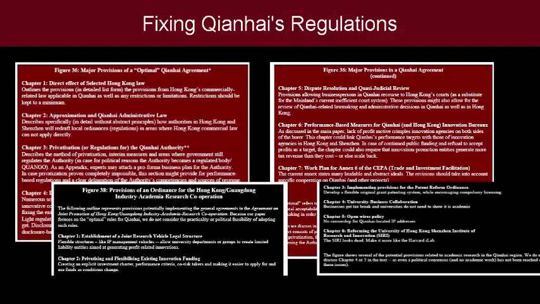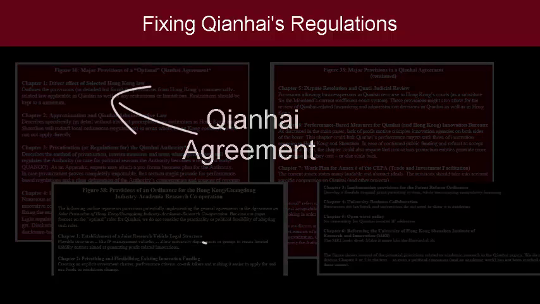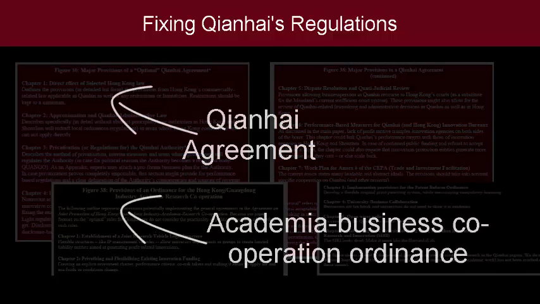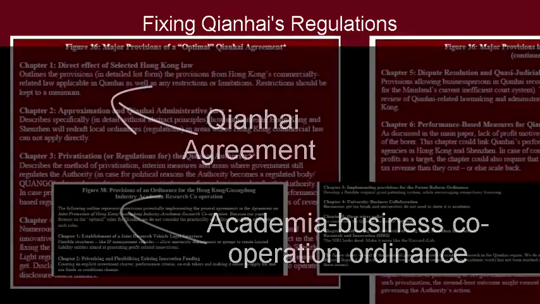In our paper, we review two legal instruments which we believe might tip the balance in favor of Qianhai's profitability: a Qianhai Agreement and an ordinance governing industry-academic research cooperation in Hong Kong and Guangdong.